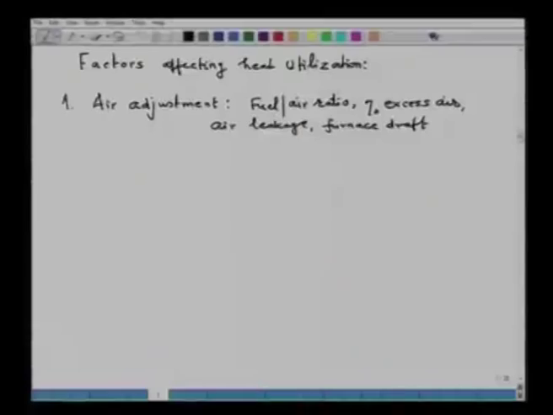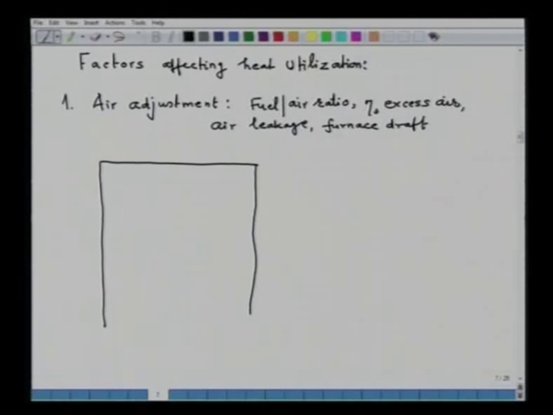So, for example, if I want to schematically represent how the variation will affect, then this will look something like this. In the schematic, here I put percentage of theoretical air. Somewhere here it is 100, which is the theoretical air.